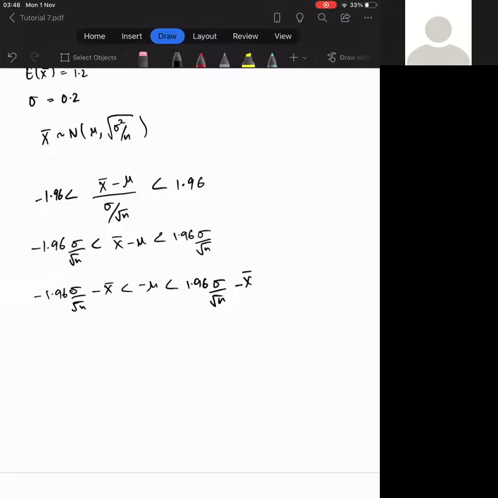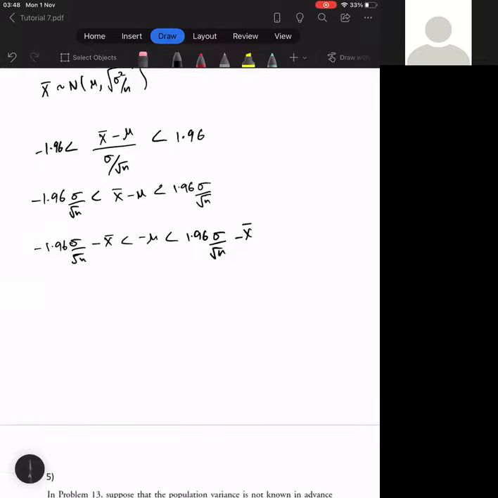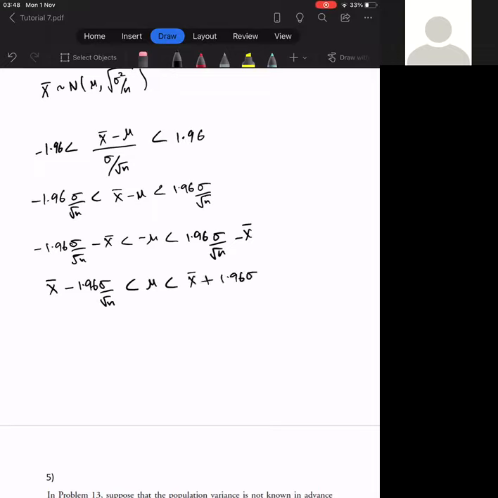And then we should have, since we multiply by a negative, the inequalities in between also swap. So I'm just going to flip them around. We have x bar minus 1.96 sigma over under root n less than mu less than x bar plus 1.96 sigma over under root n.